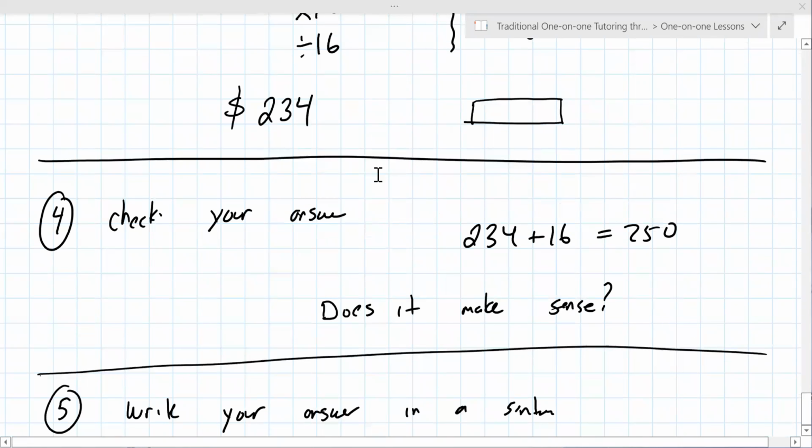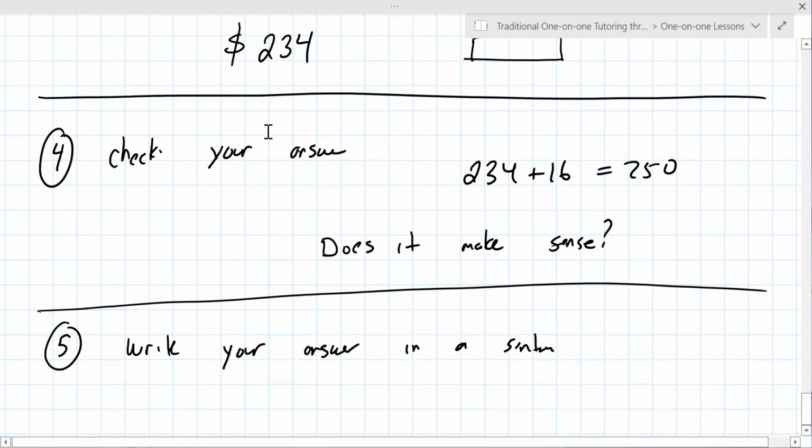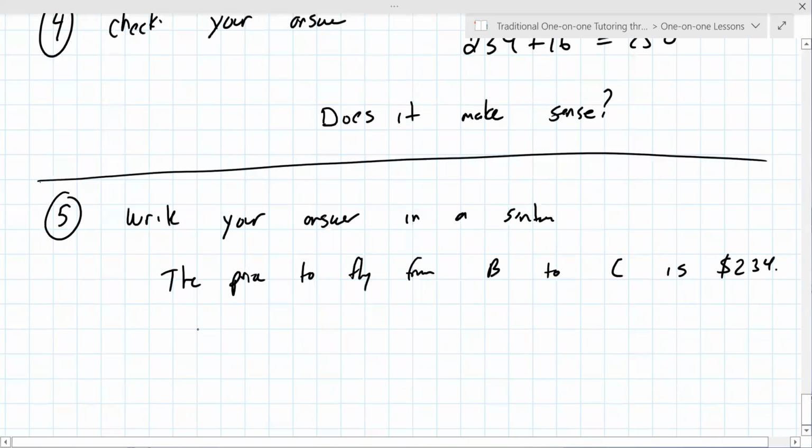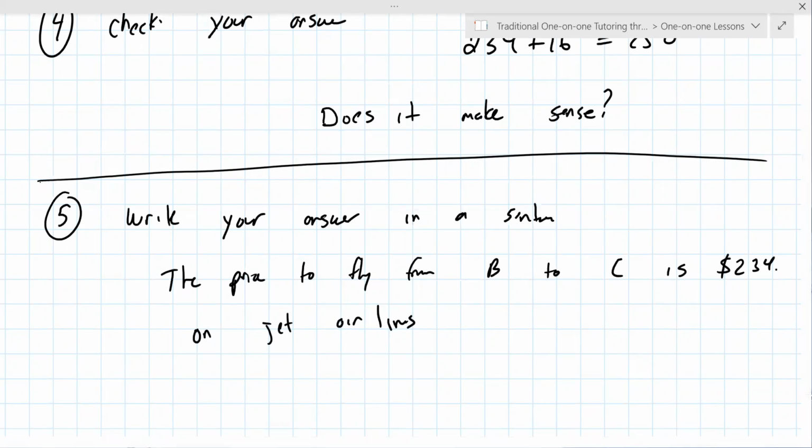You have to wrap some words around it. The price to fly from Baltimore to Chicago is $234. You could add in on Jet Airlines if you wanted. Any questions on that? No.